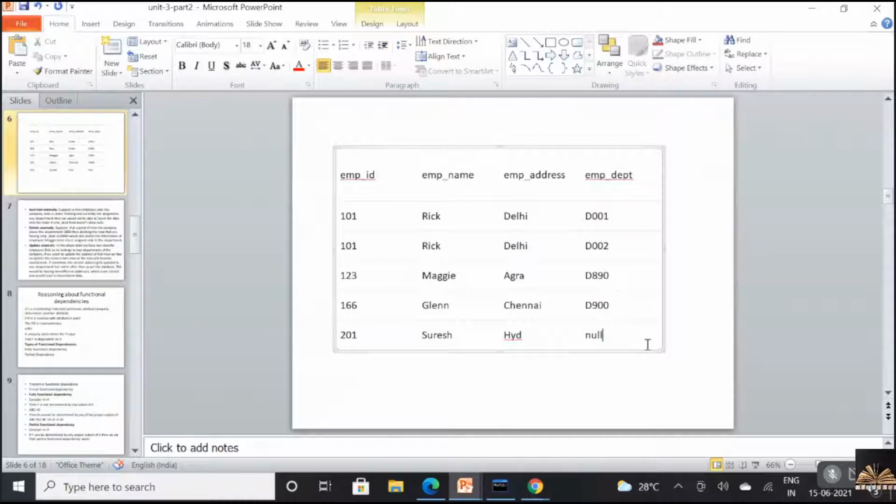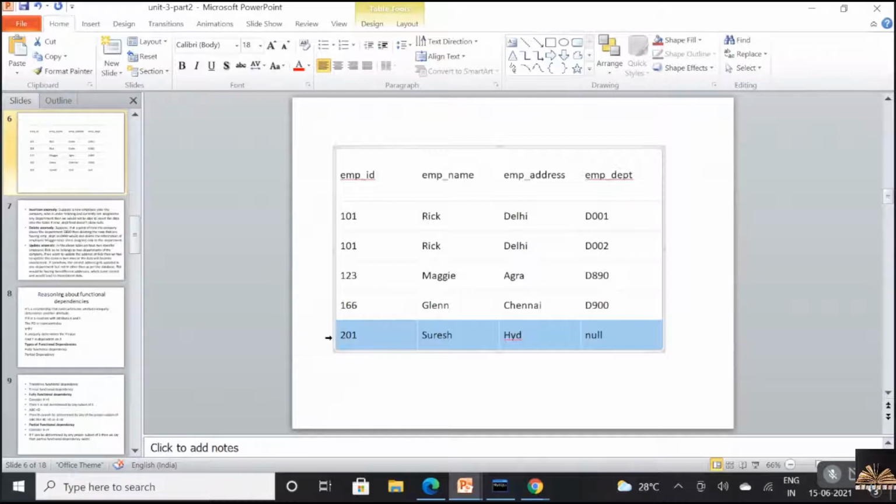So this insertion gives me an error saying that employee department cannot take a null value. So I am not able to insert the details of Suresh. That situation leads to the concept of insertion anomaly.